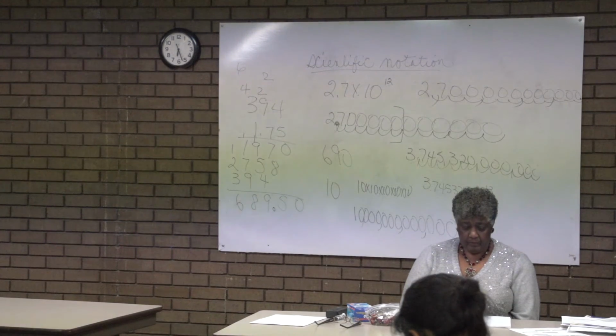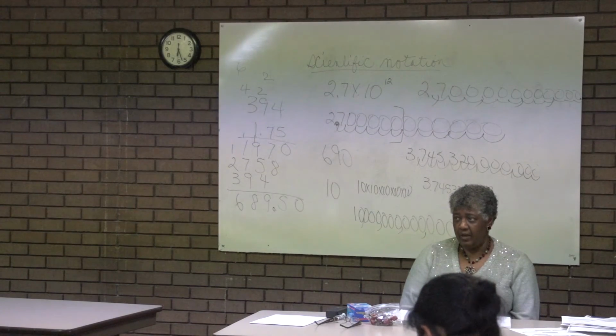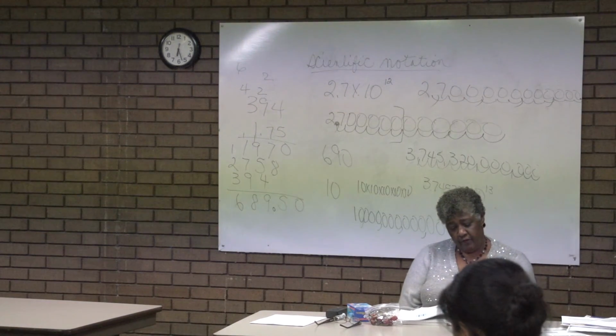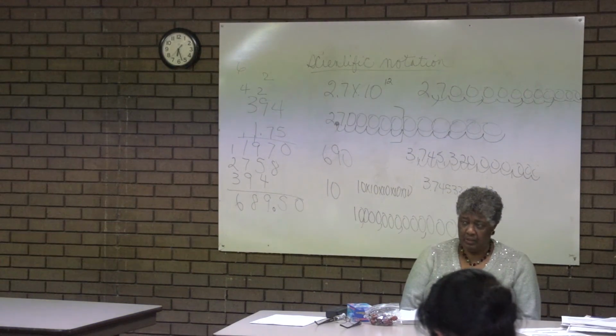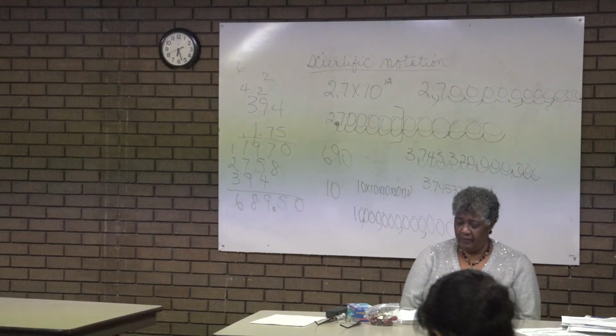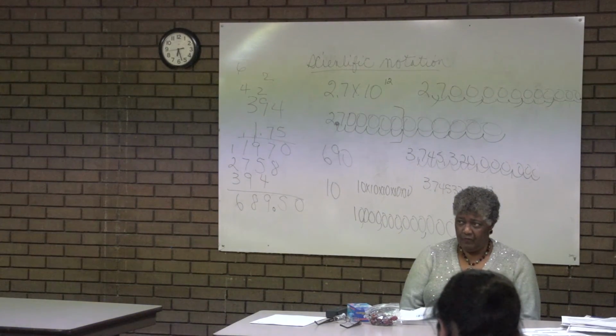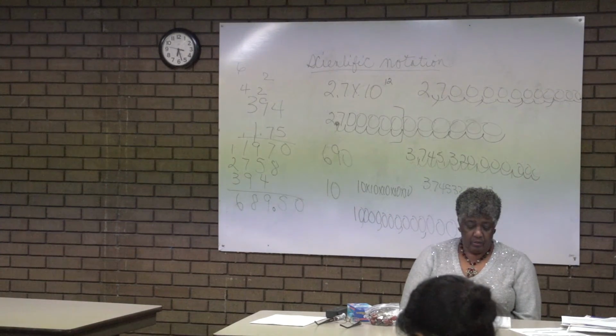Anyone have that? 865,000. You gotta move it over 5 times to the right. Move it 2 times, it'll get to the end of the 65. Then you gotta add 3 zeros to make it 5 times. So 865,000.